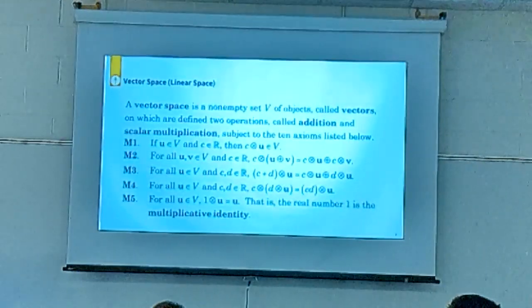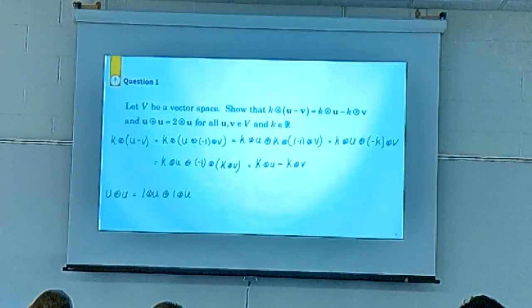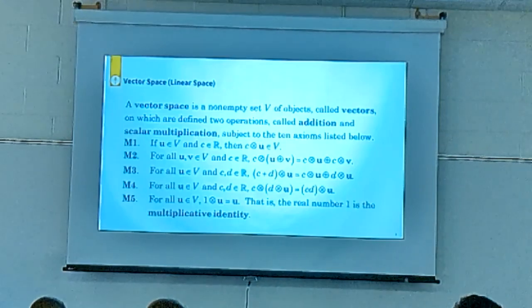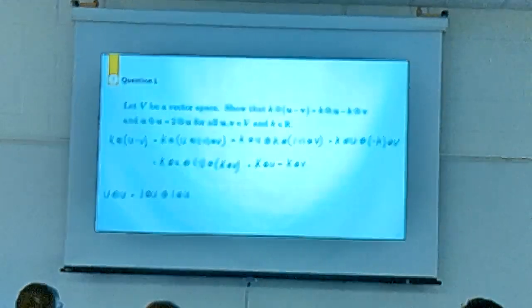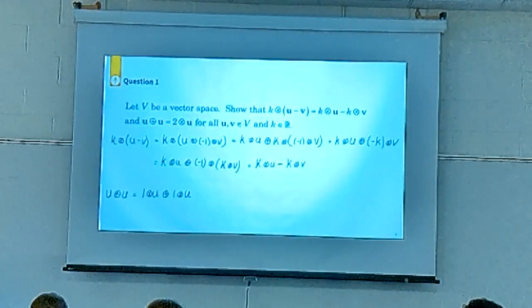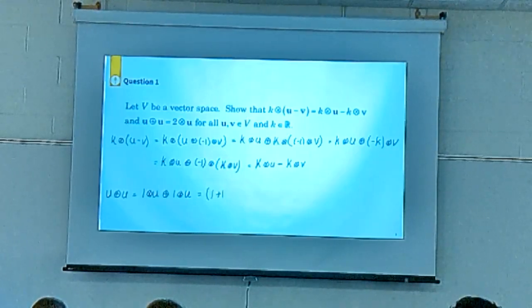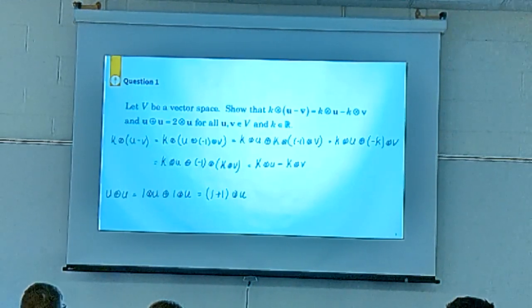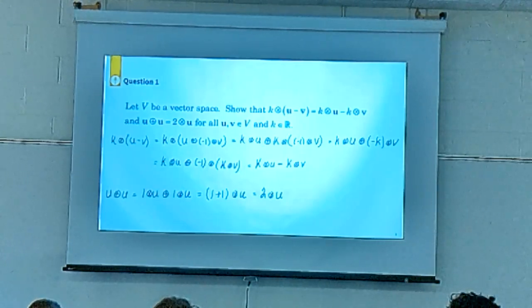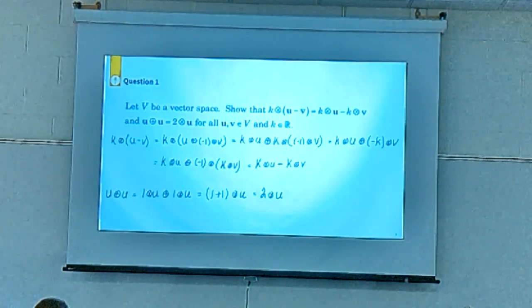M3? Yeah, M3 allows us to write this. But that's just standard addition in the real numbers. One plus 1 is 2, and so you get 2 times u. So both properties are satisfied.